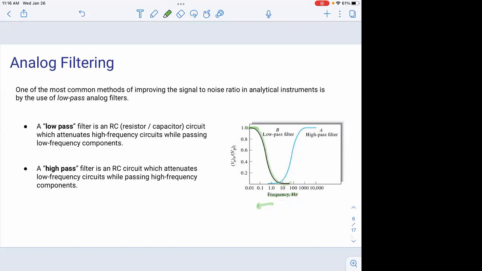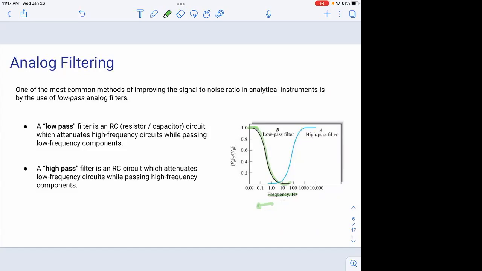So we're going to let through low frequency things, i.e. low pass, and high frequency things are going to be filtered out. Okay. Generally speaking, the noise that we are concerned with in analytical measurements is relatively high frequency compared to the frequency of our acquired data in general.